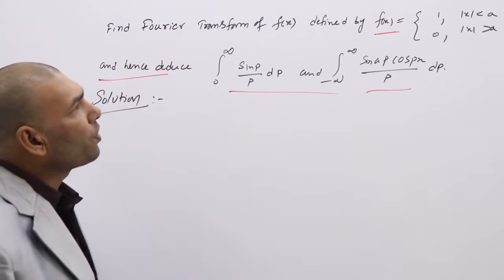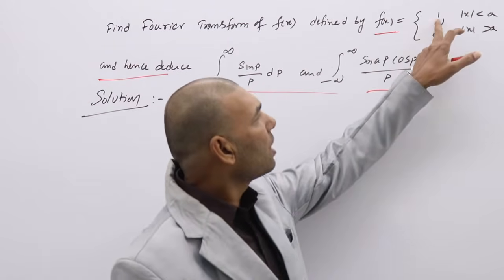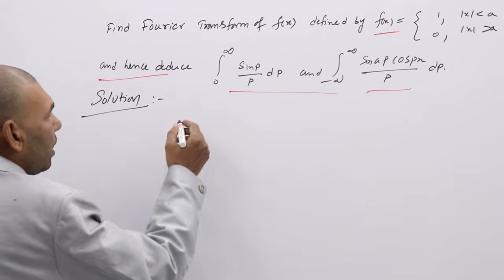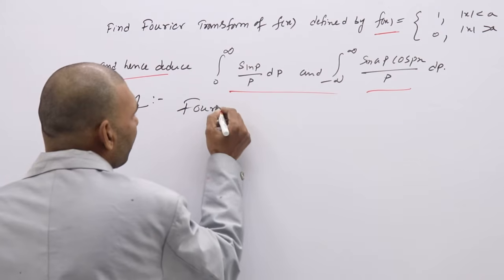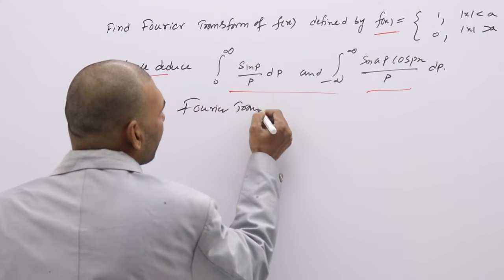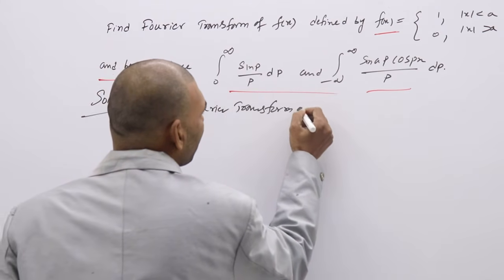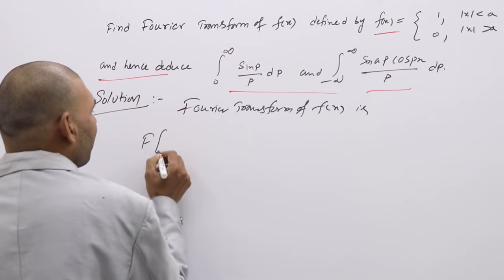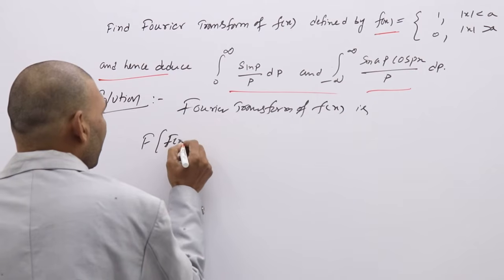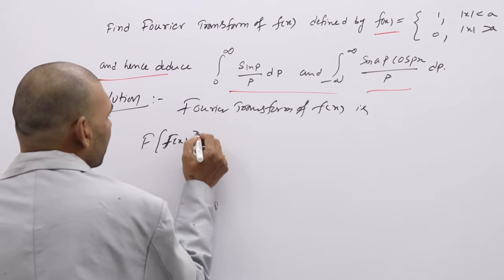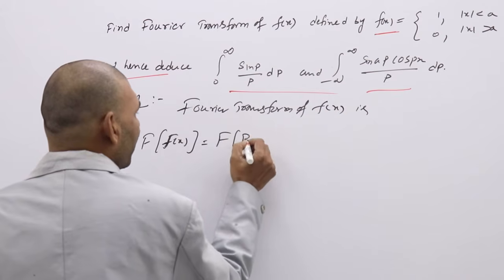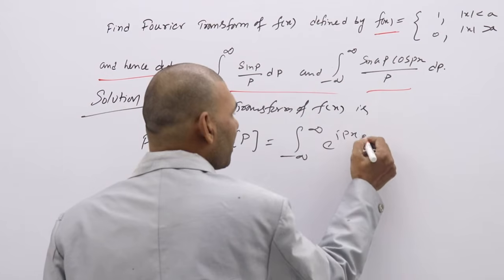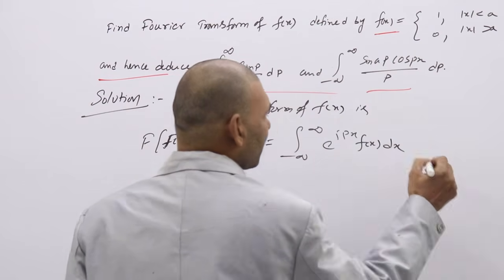We can easily find the Fourier transform of f(x) because f(x) is the constant function 1. We all know the Fourier transform of f(x), which we denote as capital F(p), is the integral from minus infinity to infinity of e^(ipx) f(x) dx.